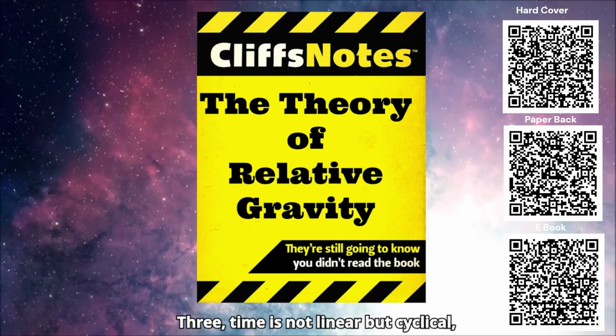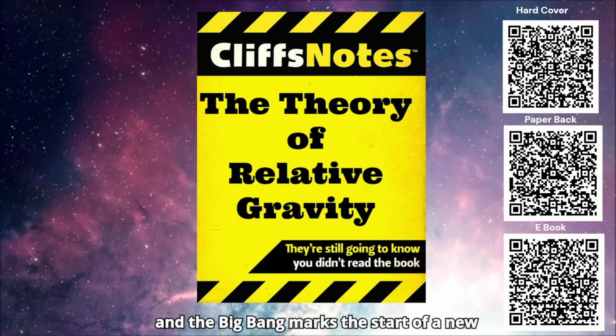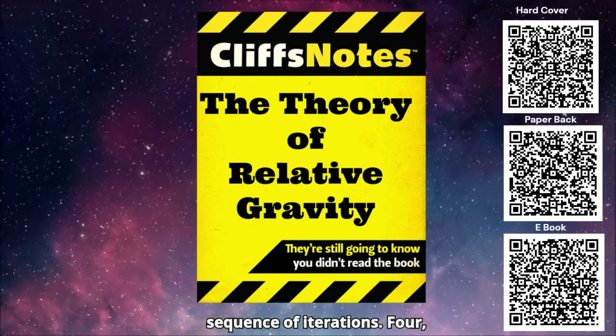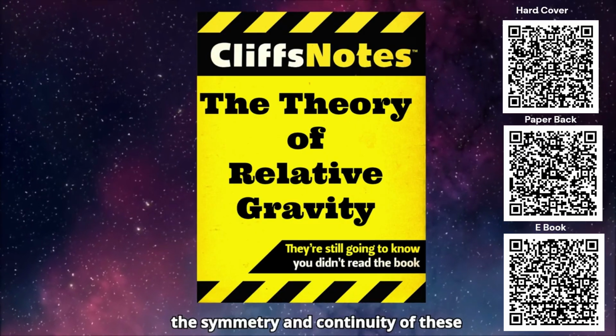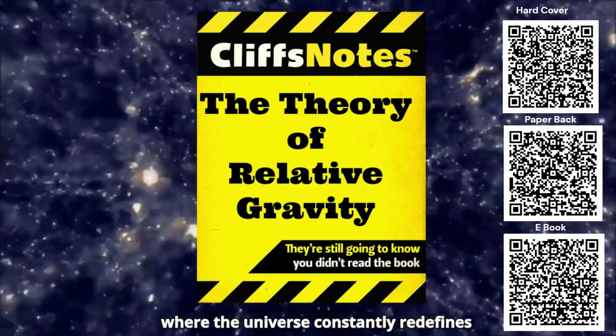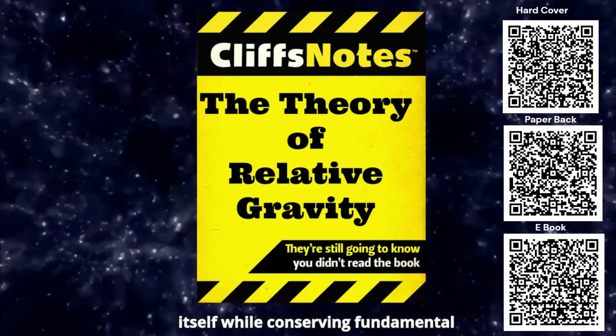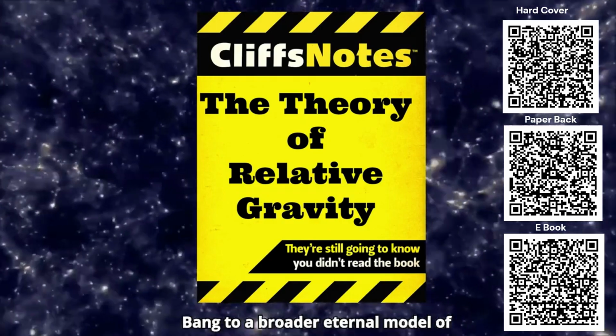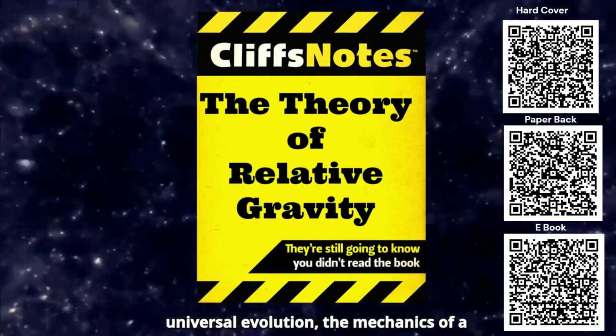Time is not linear but cyclical, and the Big Bang marks the start of a new reference frame within an ongoing sequence of iterations. 4. The symmetry and continuity of these cycles suggest a deeper cosmic pattern, where the universe constantly redefines itself while conserving fundamental properties. This approach ties the Big Bang to a broader eternal model of universal evolution.